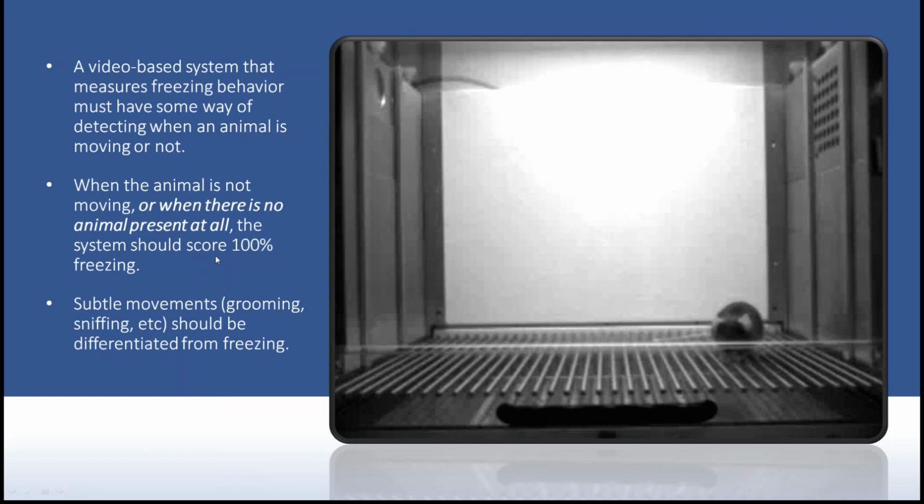If you get some level of freezing less than 100%, that's an indication that there's some noise in the system that could be interpreted as movement and may reduce the ability of the system to detect freezing. So that's a good test with a new system: just take a recording with no animal and see what the score is.